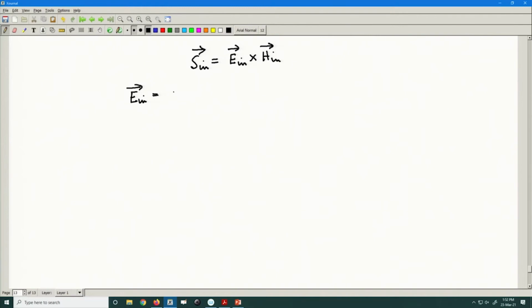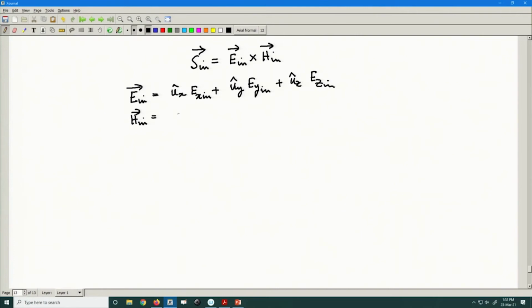If I expand E_in in x, y, z coordinates, it will be u_x E_x_in plus u_y E_y_in plus u_z E_z_in.